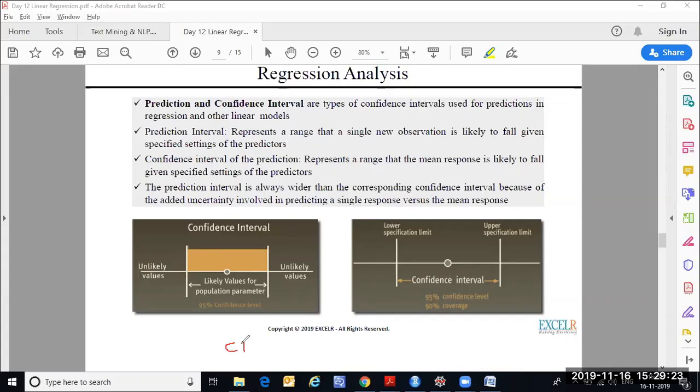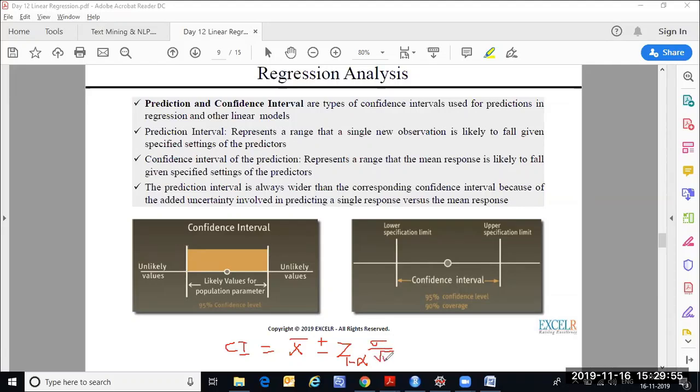To predict the confidence interval, we baseline the mean value, which is x bar, as a point estimate, plus or minus the margin of error, which is nothing but z at 1 minus alpha, 1 minus alpha being the confidence level, into the standard error, which is sigma by root n.